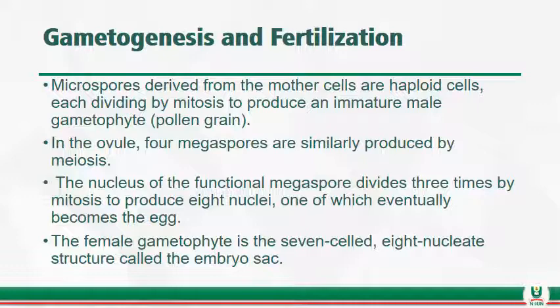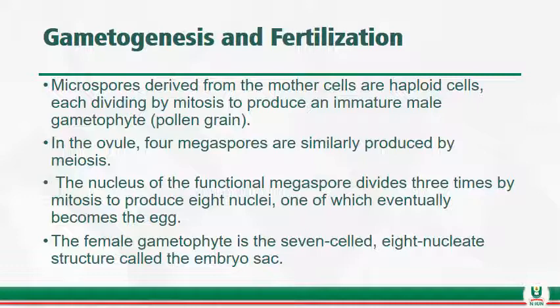Okay, and at the nucleus level, the nucleus of the functional megaspore divides 3 times by mitosis to produce 8 nuclei, and one of these 8 will eventually become the egg. So you can see how this division process is complex, but at the end of the day, you see the result. So the female gametophyte is the 7-celled, 8-nucleate structure called the embryo sac.